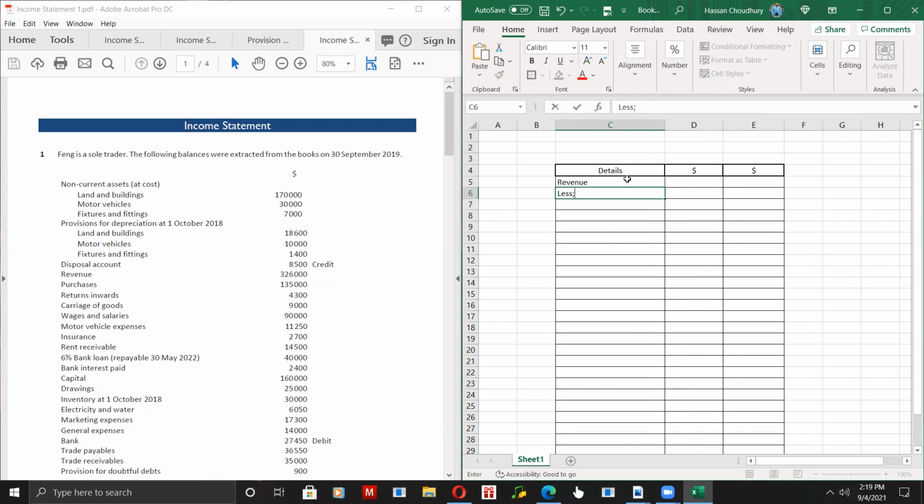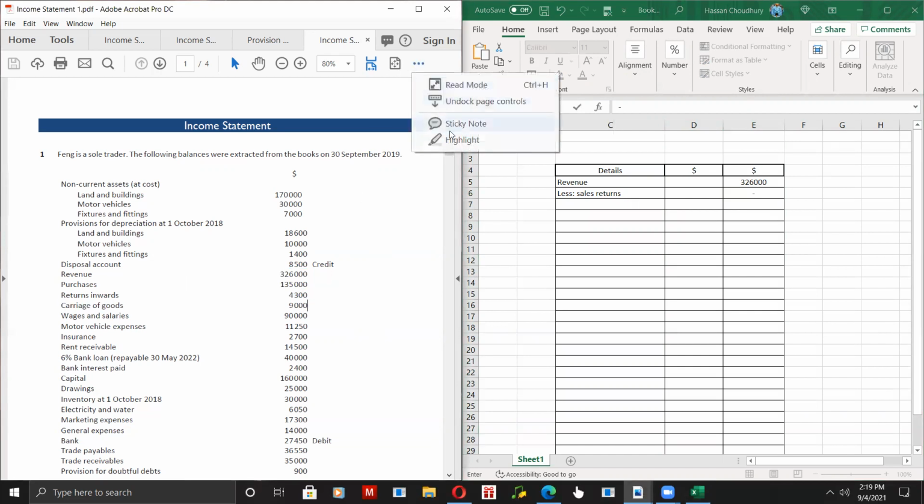And then we write less sales returns. So remember, revenue in this case is 326,000, right? So we put that 326,000 over here. Okay. We've got our sales returns as return inwards of 4,300.